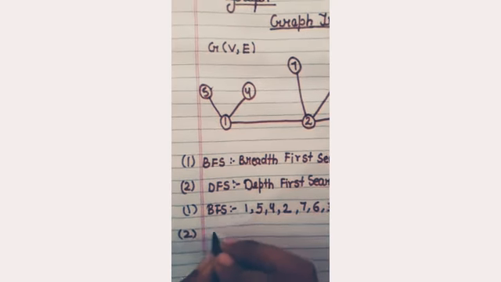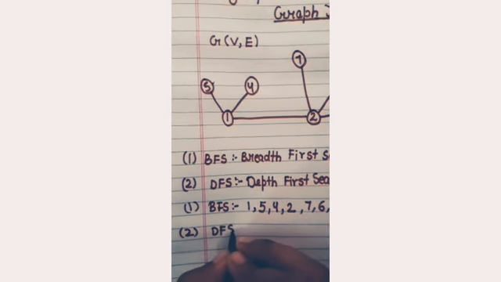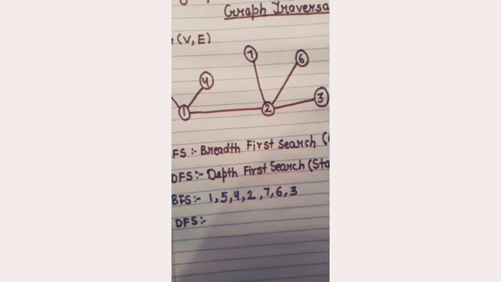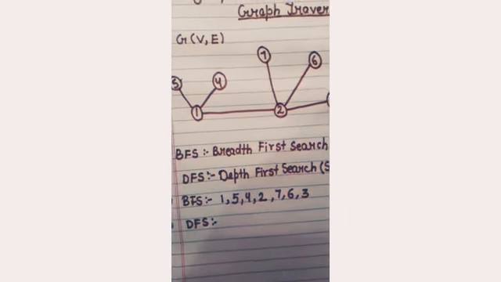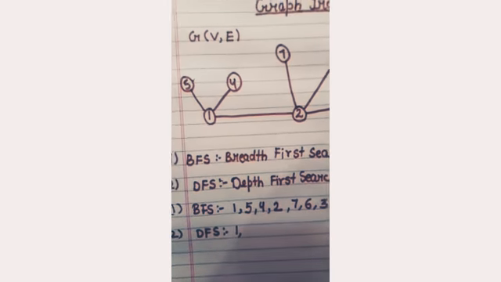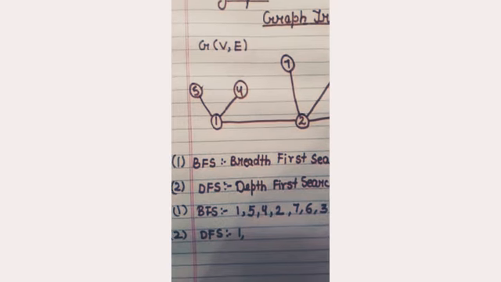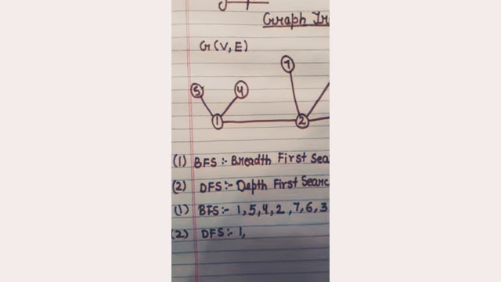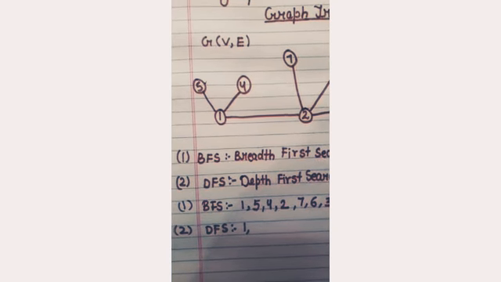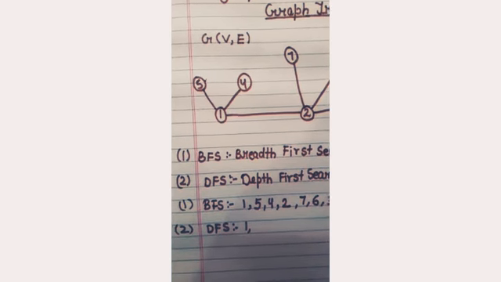Next comes DFS, depth first search. First step is same, select any vertex from this figure. I will select the same vertex so that you all don't get confused. 1. Step 2 in BFS was write all its adjacent vertices in any order. But here in DFS you don't write all the adjacent vertices.